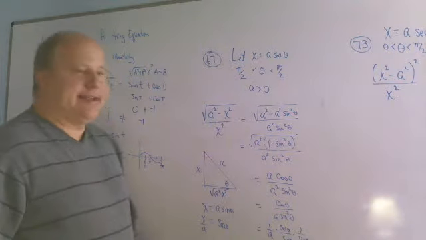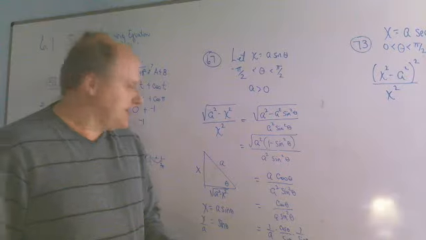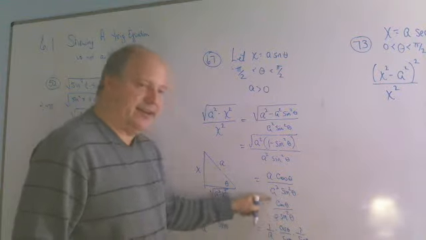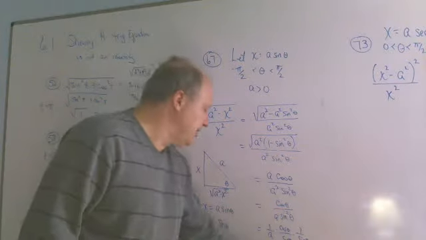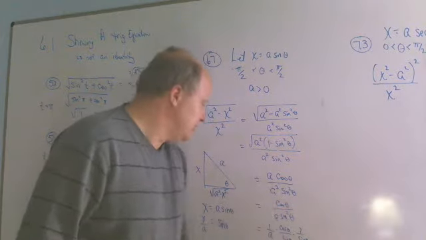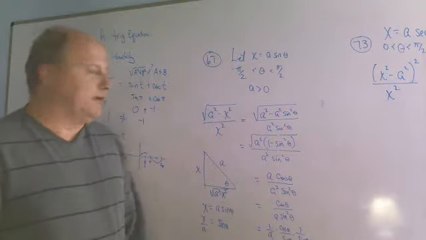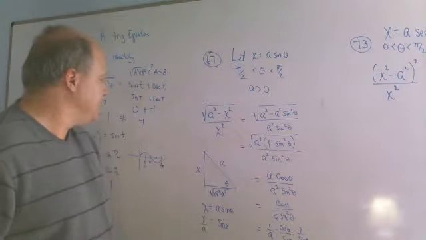So that is now a trig expression. Now, in my book, I think that to me is just fine and dandy. But if you look at this in the back of the book, they'll probably give it to you this way. So it just kind of depends on how you want to write it.